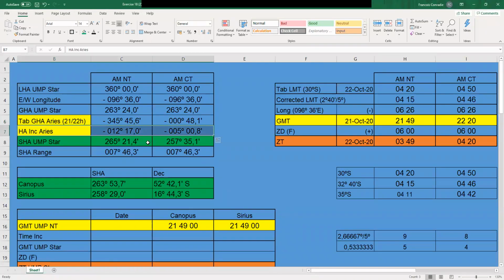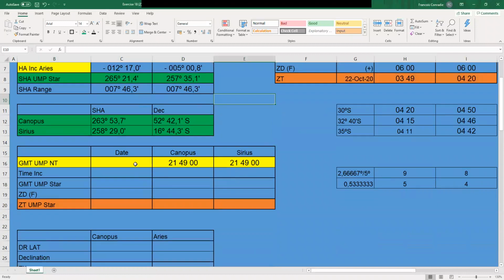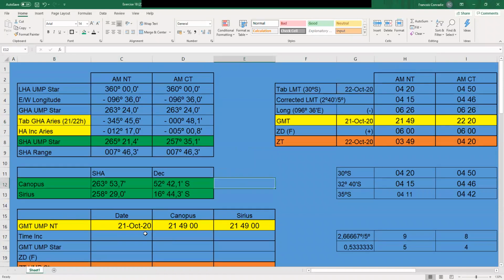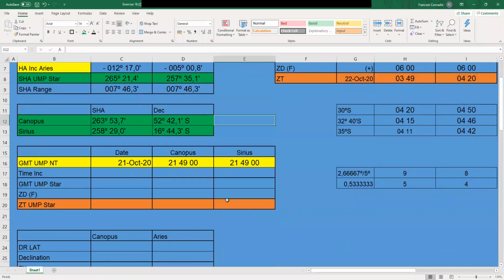We're back to GMT, so it's the 21st of October, and the starting time now is not 2100, it's 21:49. Everyone happy with that? Yes, sir. Right, okay.